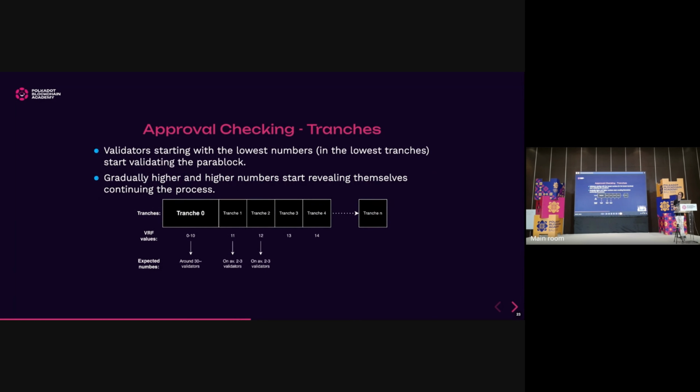But over time, more and more people with higher and higher numbers will actually start checking. We try and bundle up the checkers into smaller groups, the smaller tranches. Each tranche is generally, on average, between 2 and 3 validators. They can be slightly smaller or bigger.